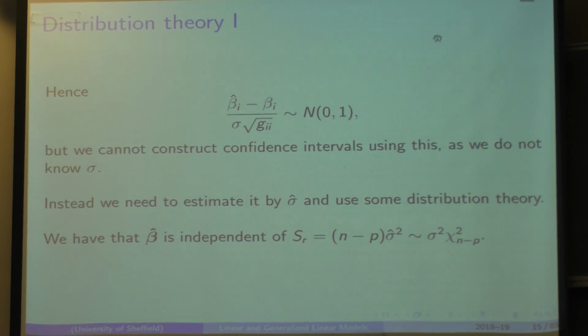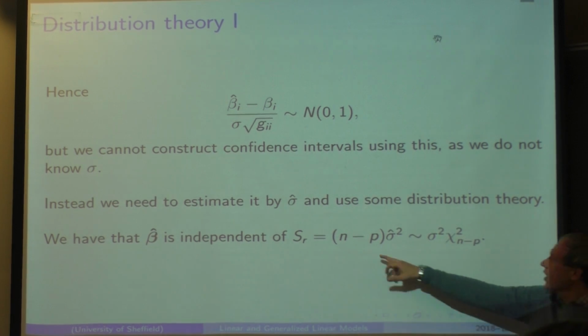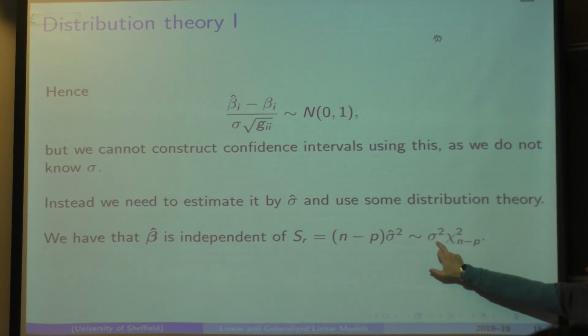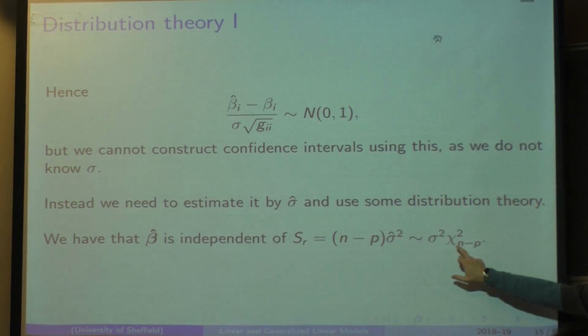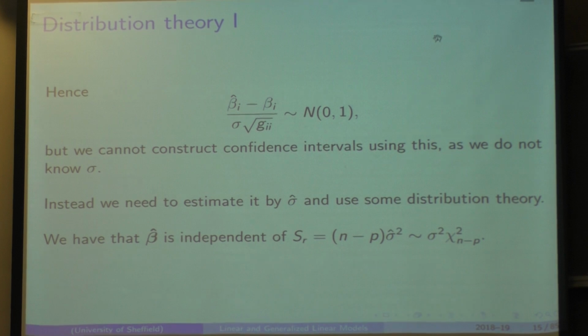So we've already seen that beta hat has this normal distribution, and that it's independent of our estimate of sigma squared. And furthermore, that the estimate of sigma squared comes from this S_R, divide by the actual original sigma squared, you get a chi-squared distribution with n minus p degrees of freedom. n and p here have the same meaning that they had already in this lecture.